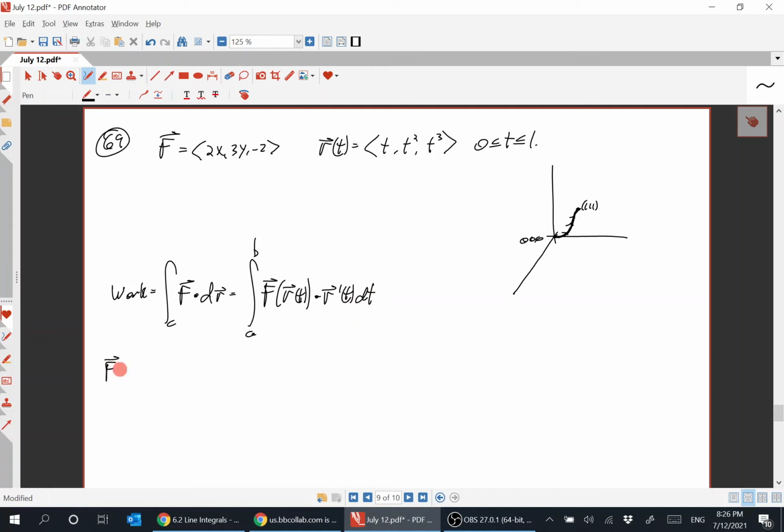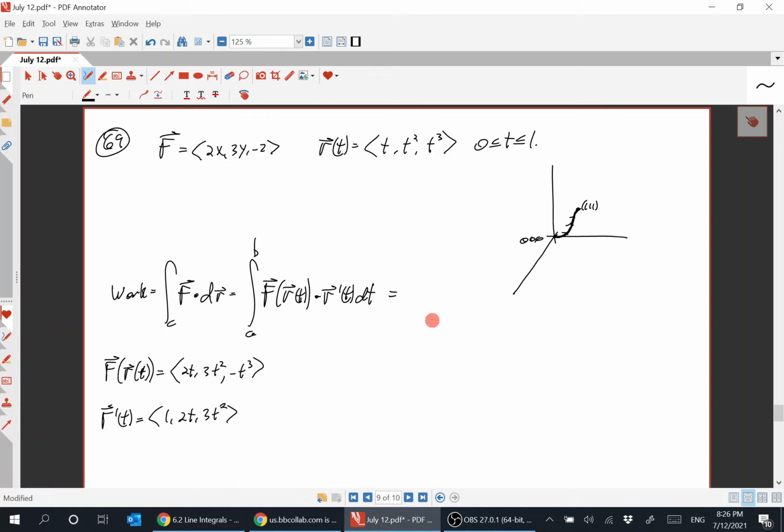Right, so we need to know what these f of r of t things are. So f of r of t is equal to what? So 2x is 2t. 3y is 3t squared. Minus z is minus t to the third. So that's f of r of t. R prime of t is equal to 1, 2t, 3t squared.